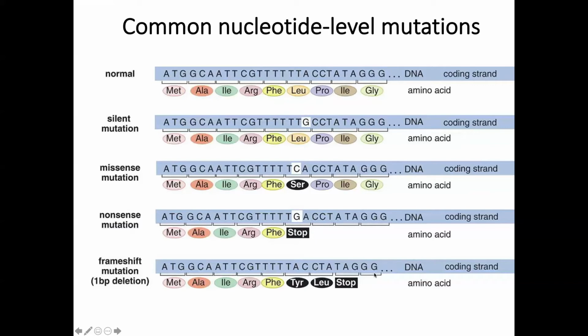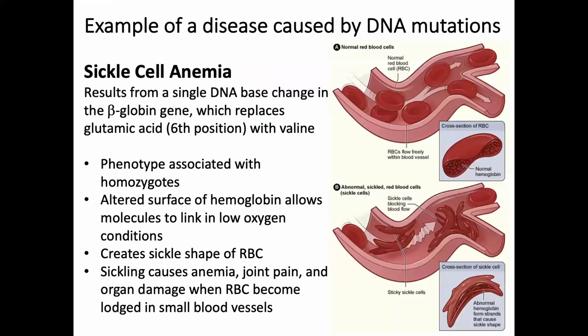Usually the whole amino acid sequence is going to be changed, or sometimes it even generates a stop codon. And usually under this situation, the protein is non-functional, okay? So the frame shift mutation can be caused by insertions, deletions, and also sometimes duplications, which is not showing here.